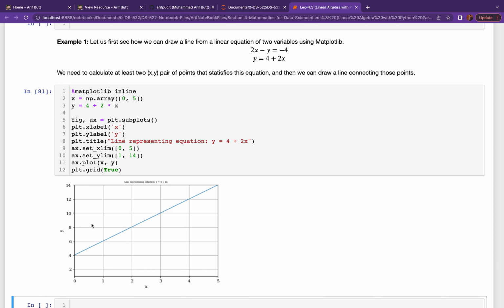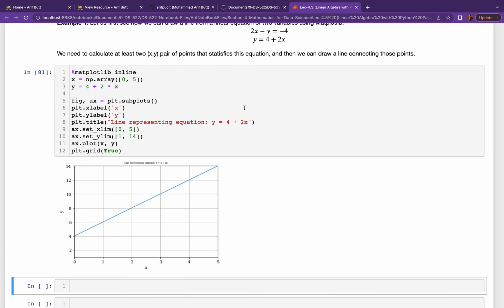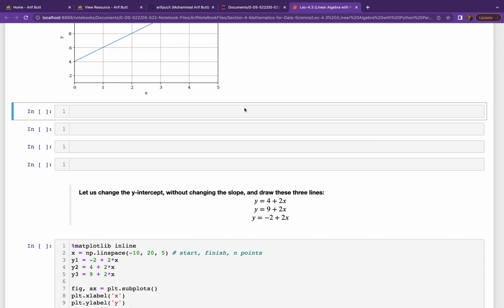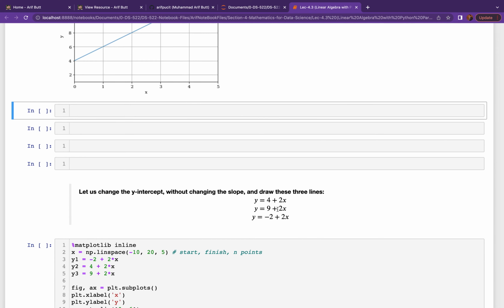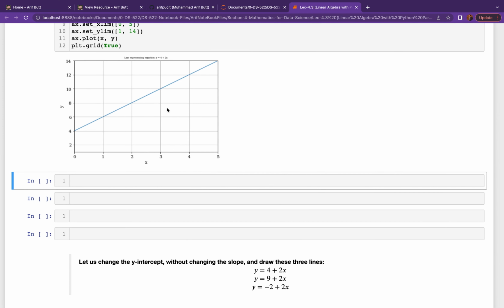My dear friends, this is the line plot of the equation y is equal to 4 plus 2x. And let me change the y-intercept without changing the slope. So this was the equation y is equal to 4 plus 2x, which is plotted over here.